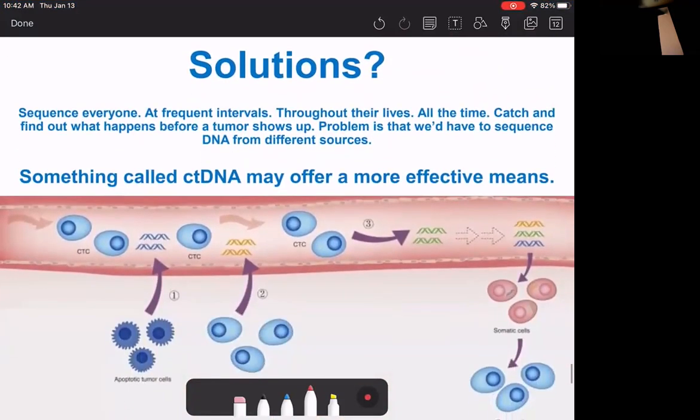But with sequencing right now, as far as predicting cancer, it'd be pretty tough. Small text up there outlines the raw solution: sequence everybody all the time and at frequent intervals, but that's not feasible. Even then, you'd have to sequence your liver, your brain, your lungs to find any DNA changes, right?